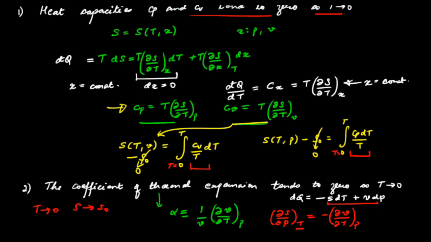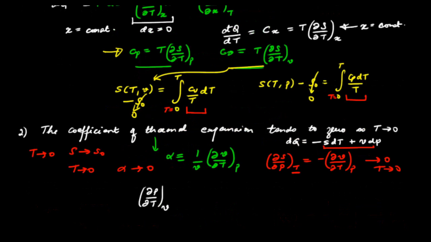Therefore, this term, that is the derivative of entropy with respect to pressure, will tend to 0 as temperature tends to 0, and therefore, because we have del V by del T at constant P tends to 0 as temperature tends to 0, we have that the coefficient of thermal expansion would also tend to 0 as the temperature tends to 0.